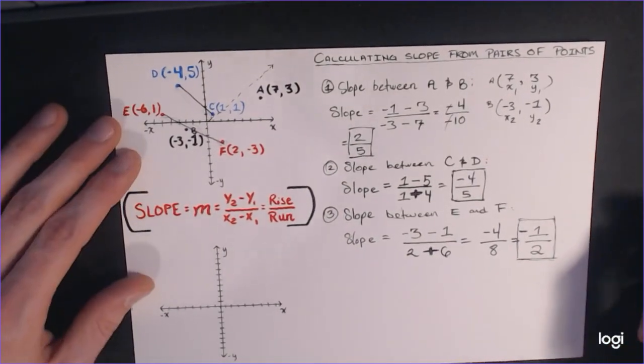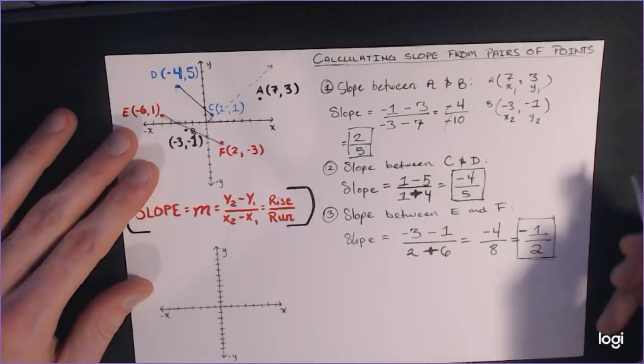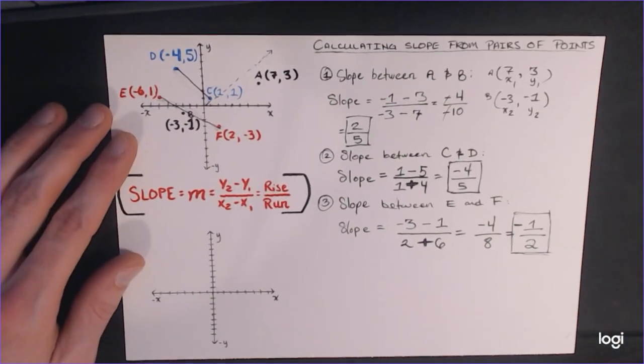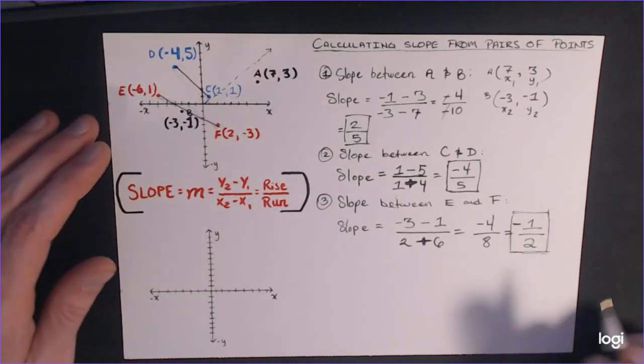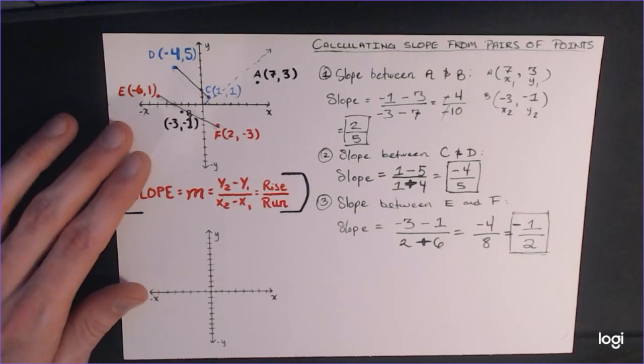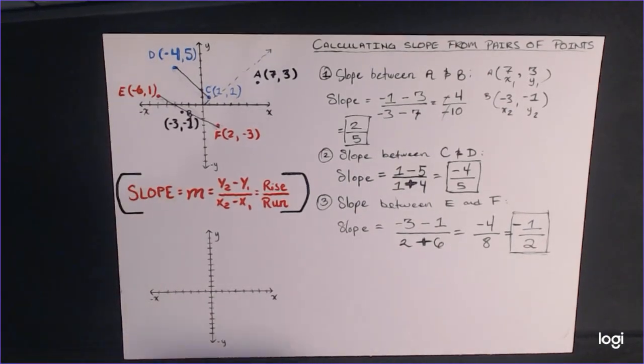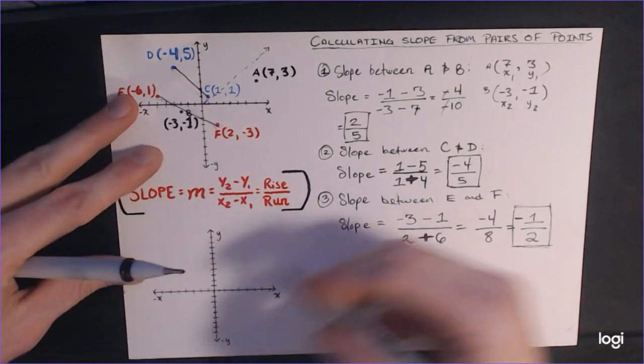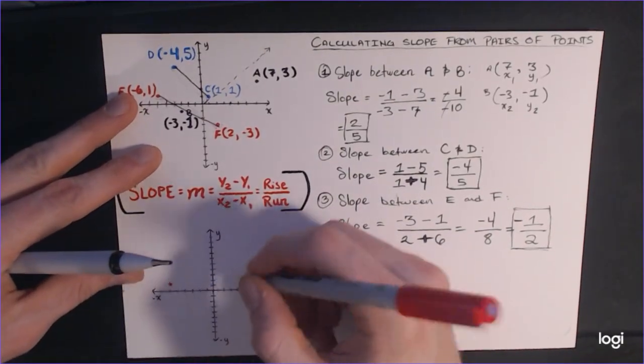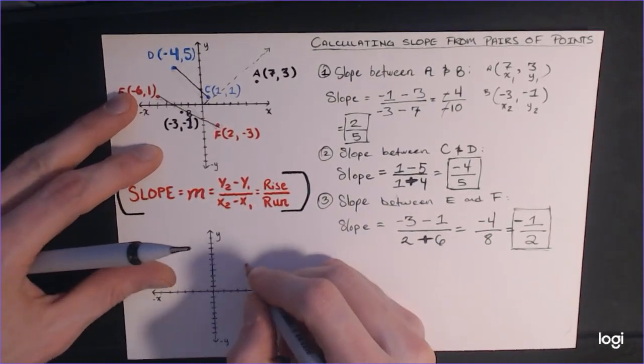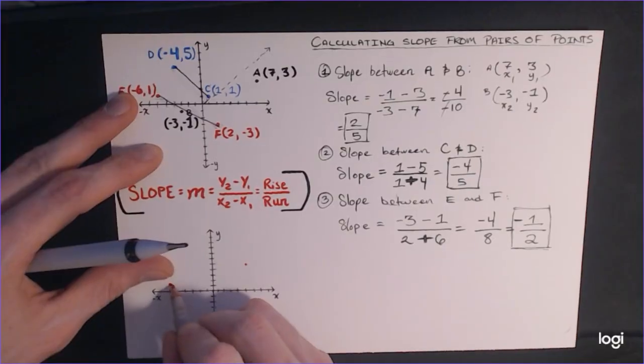Okay, now let's look at one more example down below. And this will be determining the slope from a line without the points. So I'm just going to draw a line here.